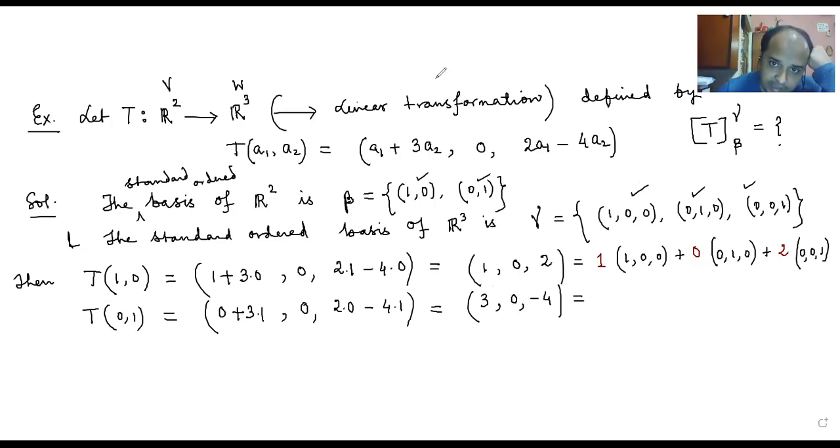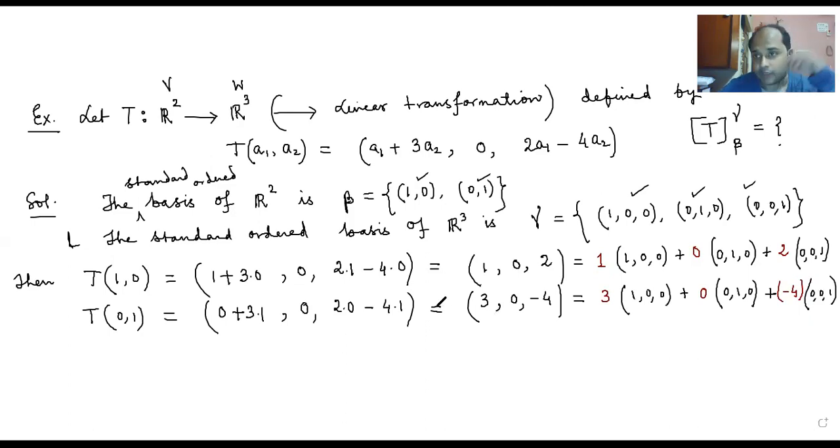Similarly we can express it as 3 into (1, 0, 0) plus 0 into (0, 1, 0) plus minus 4 into (0, 0, 1). Okay, so we have got it.